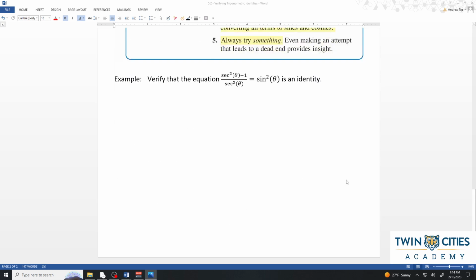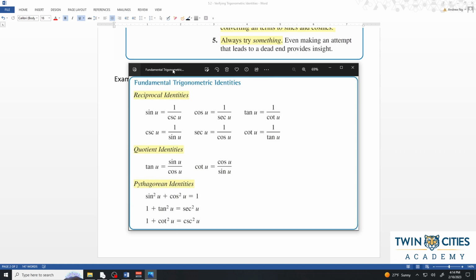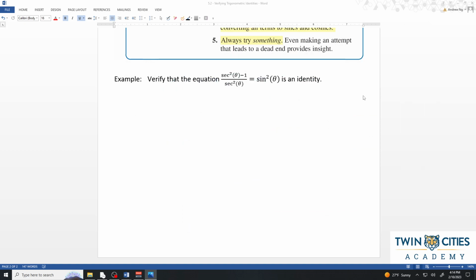That's certainly going to be the left side here. That looks more complicated than just sine squared of theta. I'm going to use primarily my fundamental identities to manipulate the left side and simplify it down to match the right side. Can I get the left side to be sine squared of theta?